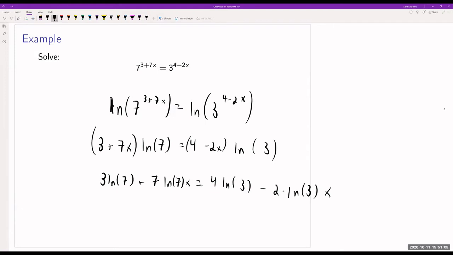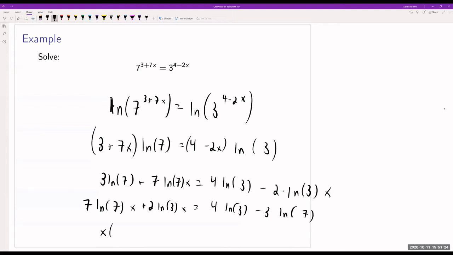We'll move the x's on the left and the numbers on the right. So that will be 7 ln of 7 times x plus 2 ln of 3 times x is equal to 4 ln of 3 minus 3 ln of 7.